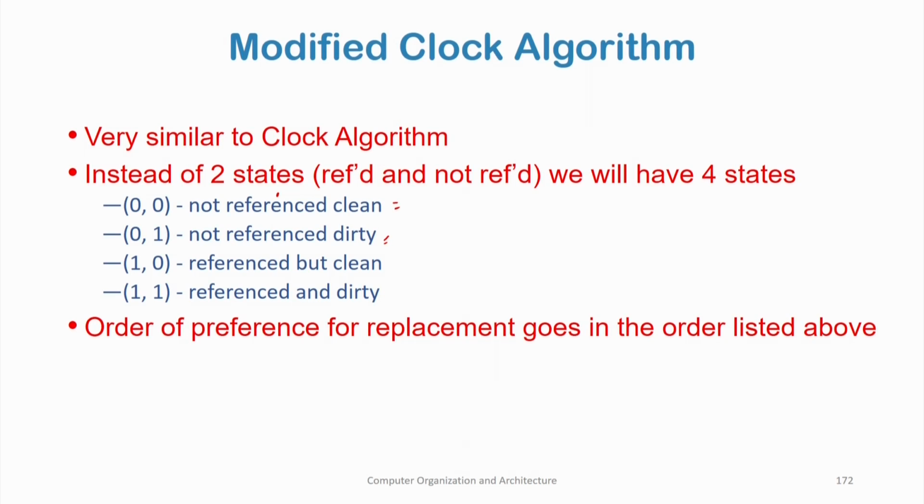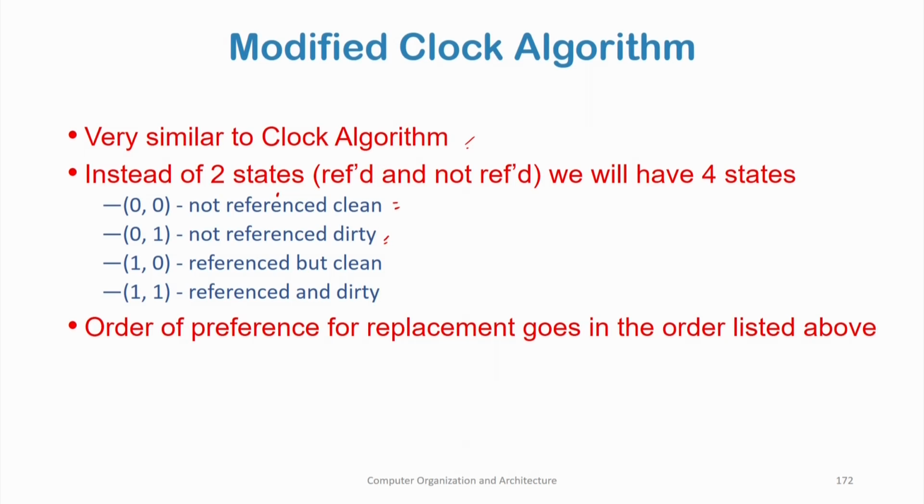So, now we will see an extension of the clock replacement algorithm, the modified clock replacement algorithm, in which we use two bits, both the reference bit and the dirty bit. It is similar to the clock algorithm, but now each page, instead of having 2 states, referenced or not referenced, will have 4 states, whether it is referenced or not, and also whether it is dirty or non-dirty.